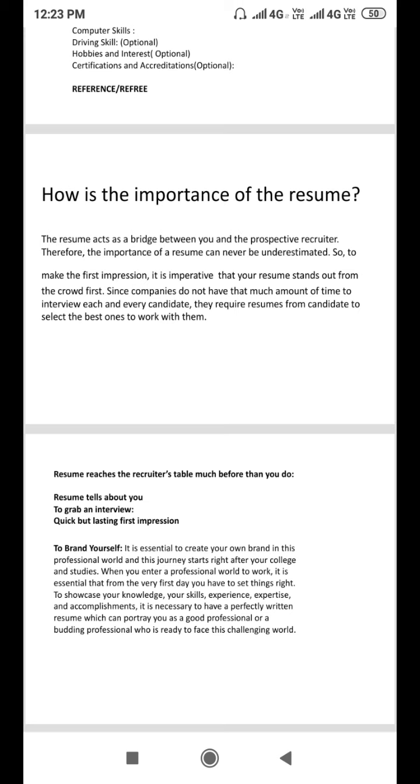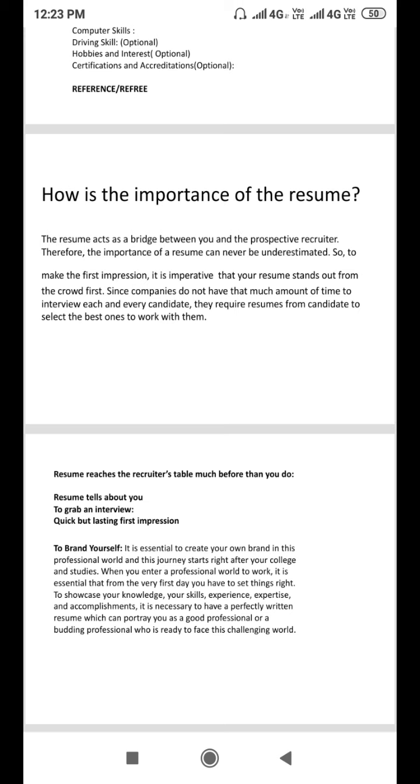You don't necessarily have to tell, but you can mention everything in the resume. So to grab the chance to get interviewed, the resume plays a vital role. And you should not forget that it is a quick but lasting first impression. First impression is said to be the last impression. So you should make that resume very attractive.